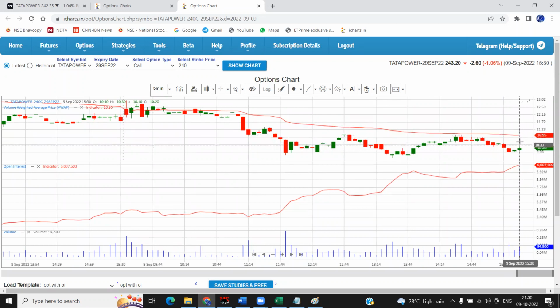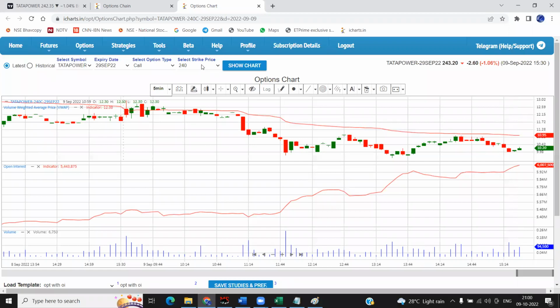Now, if Tata Power's 240 call trades above this VWAP, I don't know where the VWAP will be. In that time, you can buy with this as stop loss. How much? Buy above 12, 10 is your stop loss.